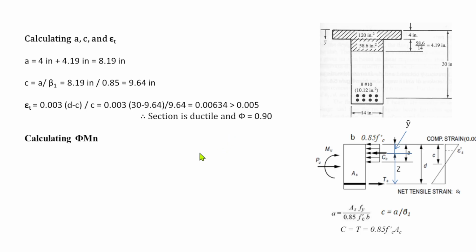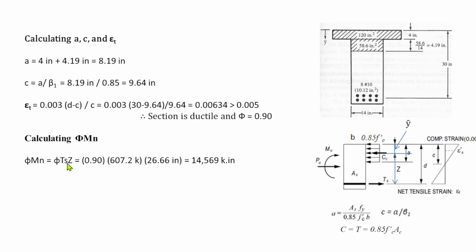The next step is the calculation of the design moment strength, which is equal to phi times the nominal moment. If we sum up moments about the centroid of the compression stress, we will get T times Z, then times phi.